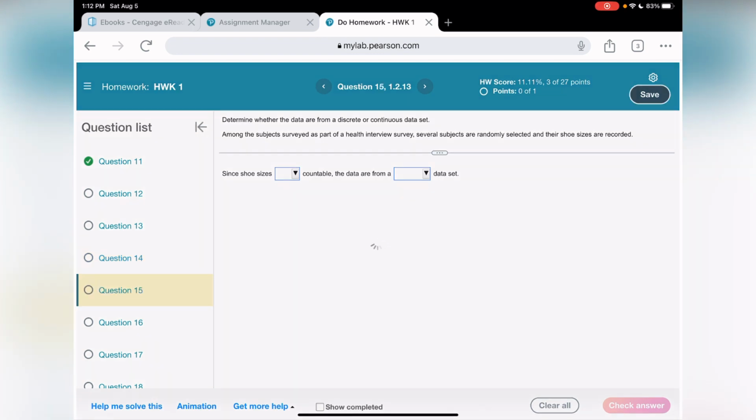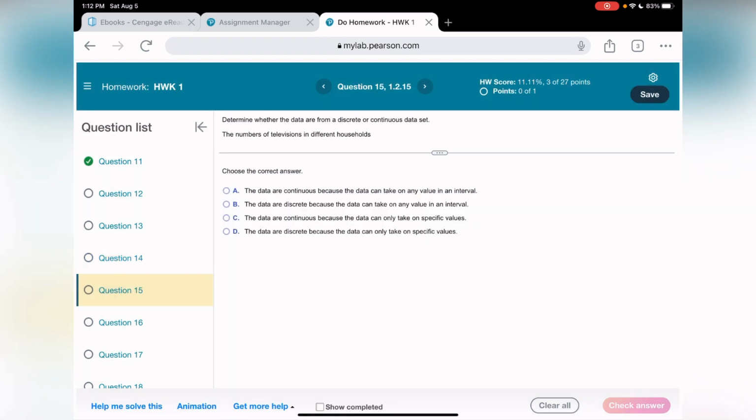Question number 15. What do we have here? Also discrete or continuous. Let me do this one, just for the heck of it. If any of you is having trouble, this will help you. Okay, so the number of televisions in different households.